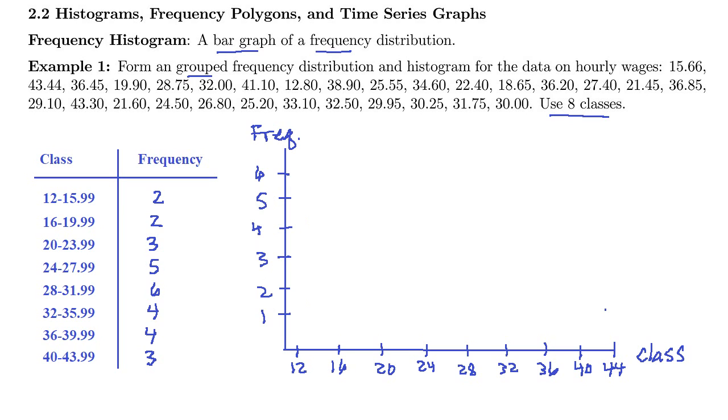So now we're drawing our boxes. We've got a box of height 2 between 12 and 16, so that'll look like this. And another box of height 2 between 16 and 20. Then a box of height 3 between 20 and 24, and then a box of height 5 between 24 and 28.